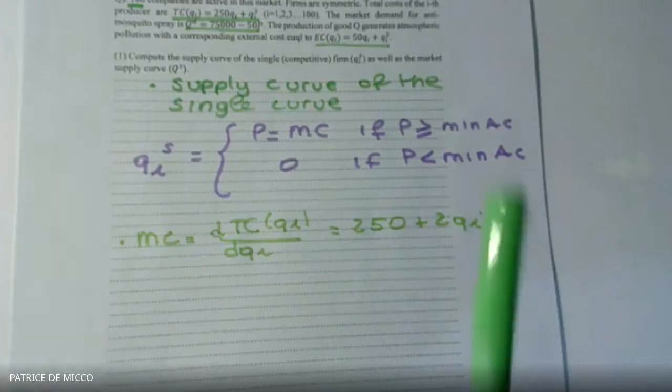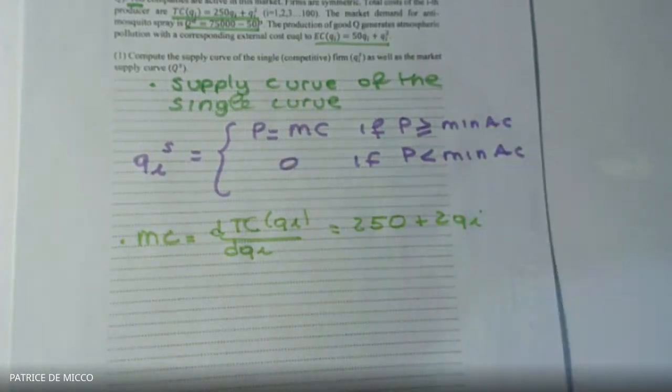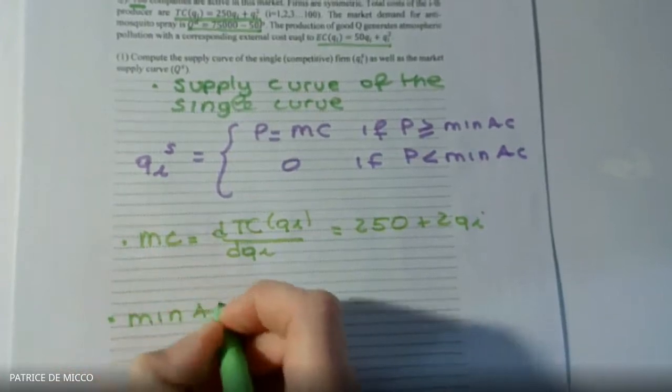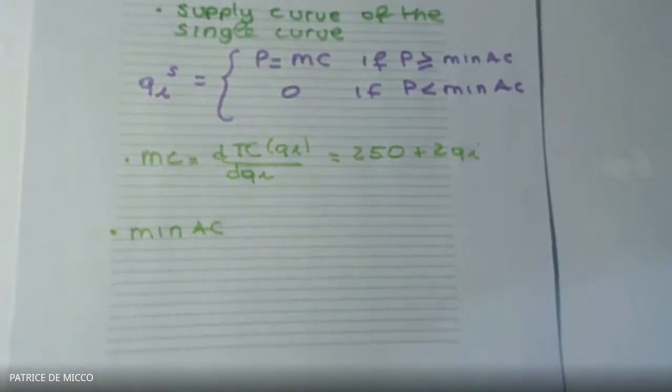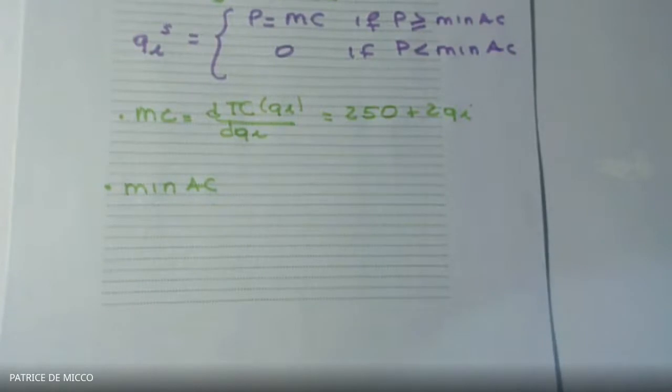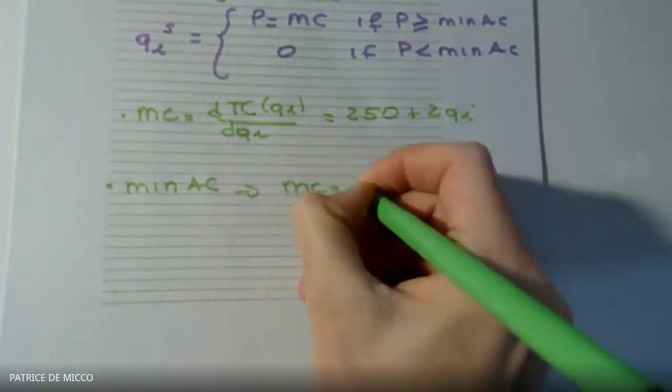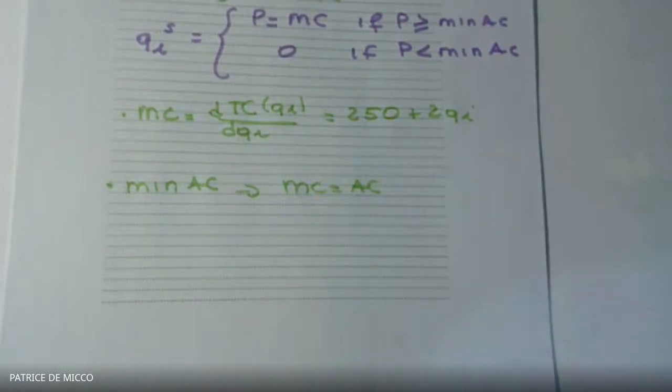Now we need to find the minimum average cost. Okay, so that's the second step, minimum average cost. To find the minimum average cost, we need to set up the equality between marginal cost and average cost. We have marginal cost, we don't have average cost.